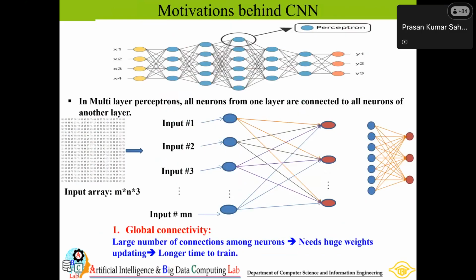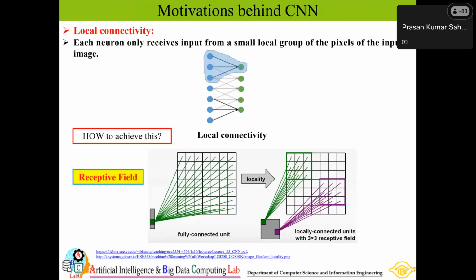So the motivation behind the convolutional neural network, as I mentioned earlier: we have one array, suppose m cross n, and initially 3 channels, so m cross n cross 3. Then we have different inputs, and there will be global connectivity.